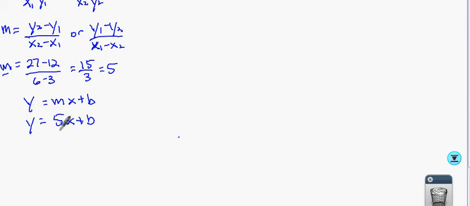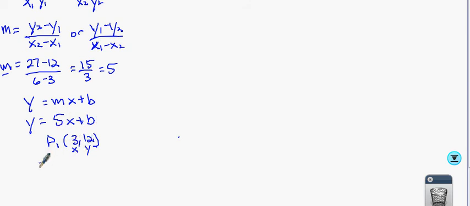And then we take one of our points. If I take point 1, which contains the x coordinate of 3 and the y coordinate of 12, I can substitute those numbers in for x and y in this equation to solve and find the resulting value for b.